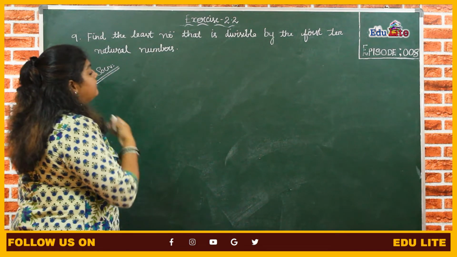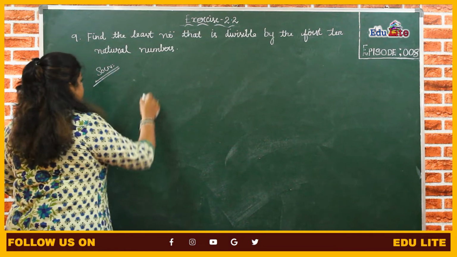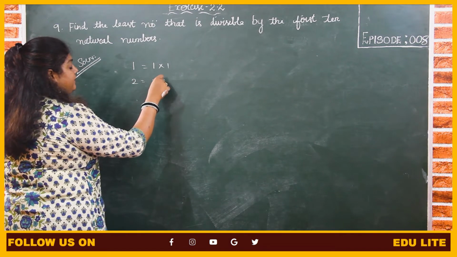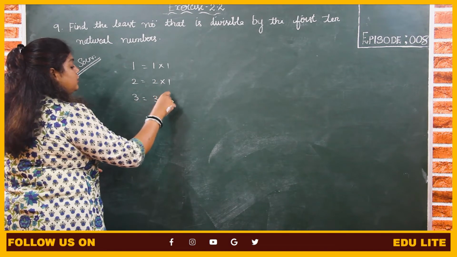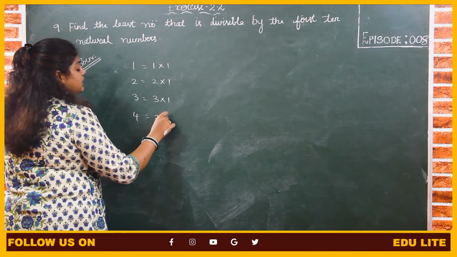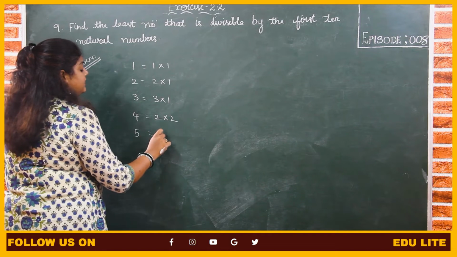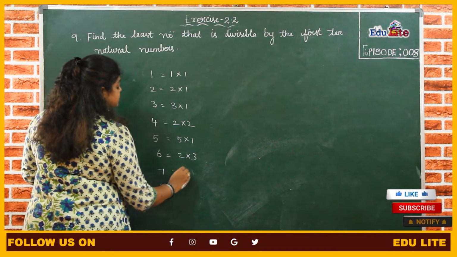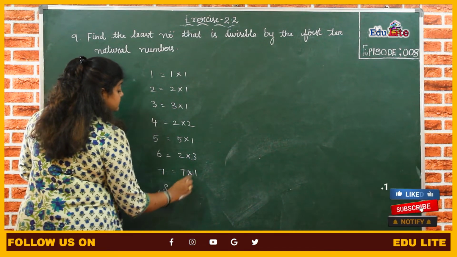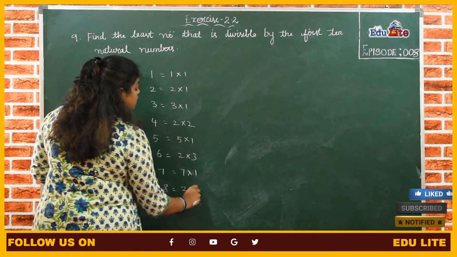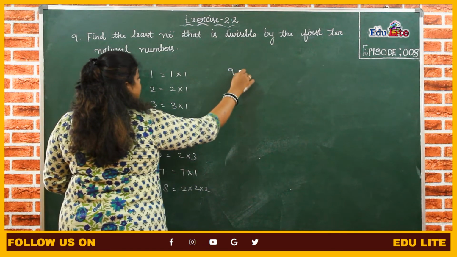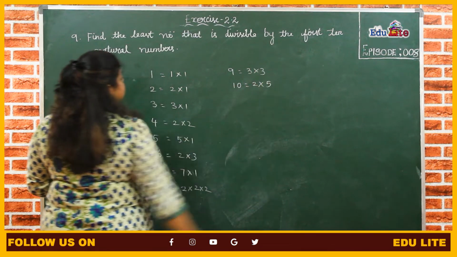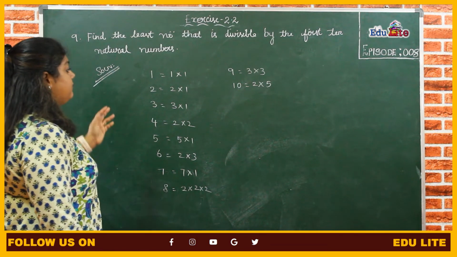So we will write the factors of all the first 10 numbers. 1 into 1, 2 is a prime number, 2 into 1, 3 into 1, 4 can be written as 2 into 2, 5 as 5 into 1, 6 as 2 into 3, 7 as 7 into 1, 8 in terms of only primes as 2 into 2 into 2, 9 as 3 into 3, and 10 as 2 into 5. So these are all the factors of numbers from 1 to 10.